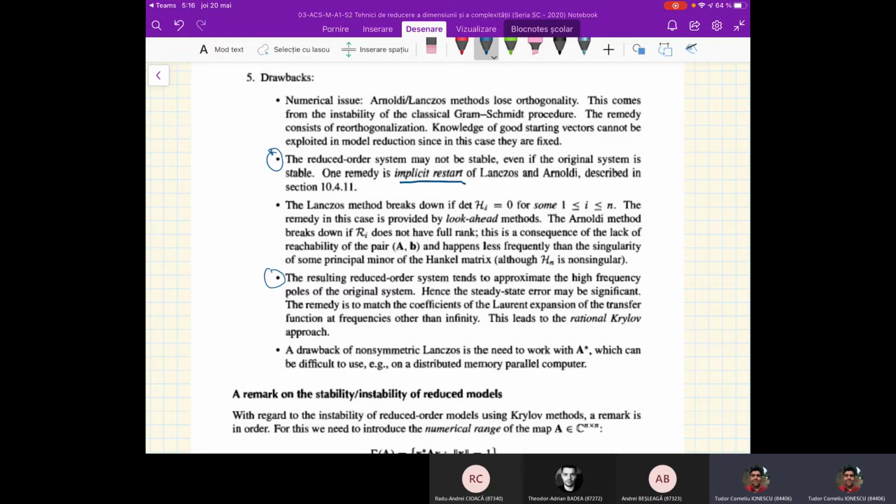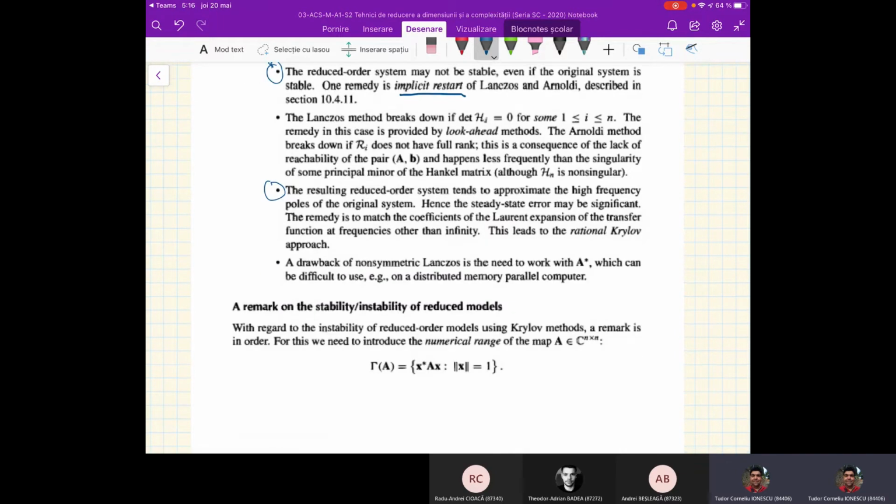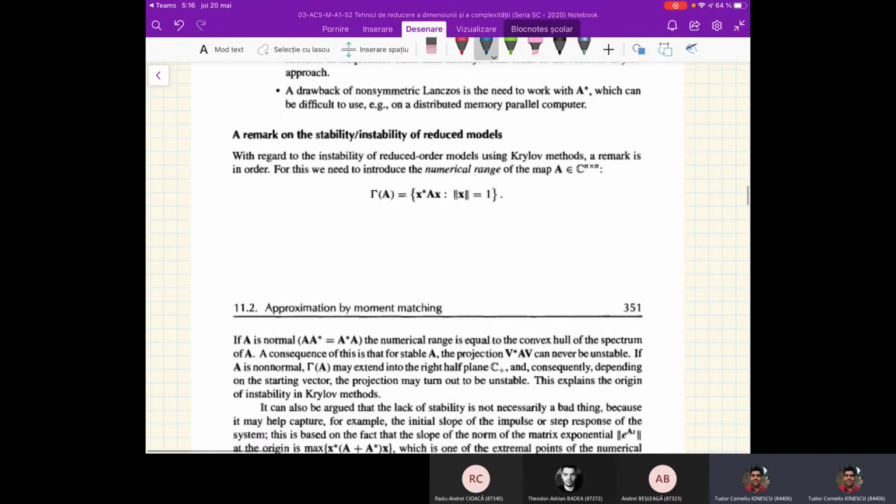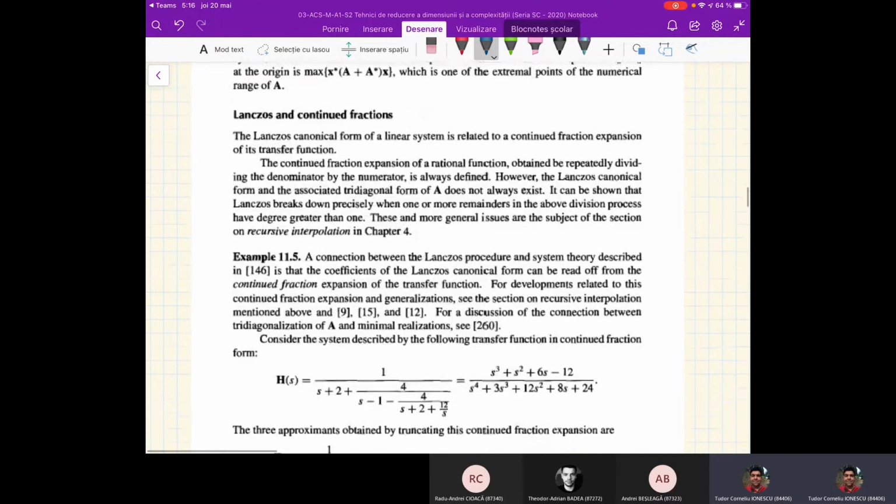Okay, you'll see at the given point that all this discussion, which looks so complicated now, is going to be significantly simplified by the system theoretic approach. Okay, all right. Well, there is a remark here about the stability and the instability.